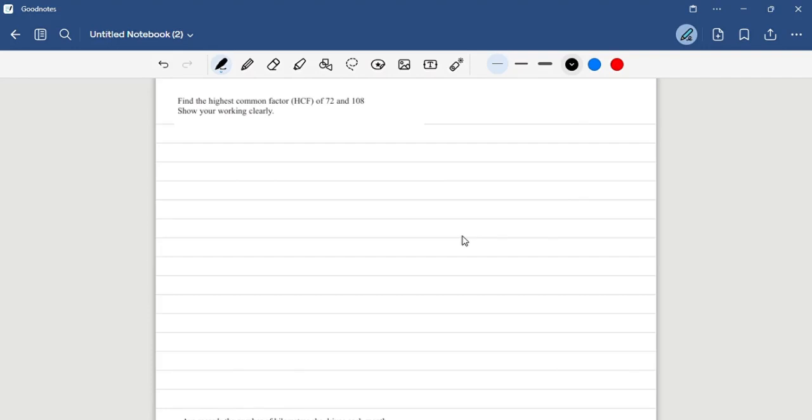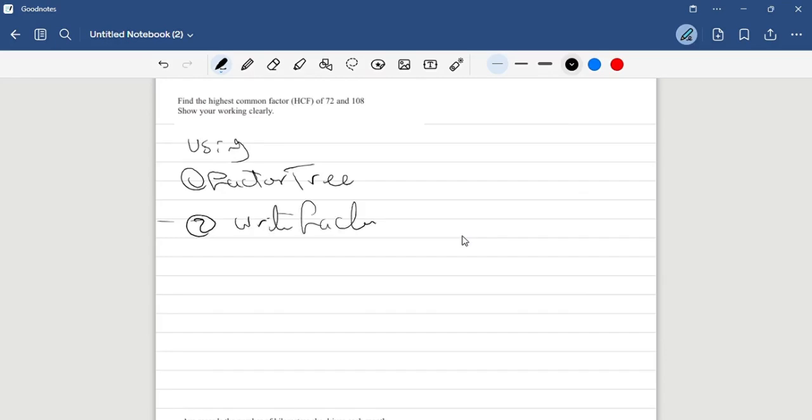We have many options. First, using a factor tree. The second, writing factors. The third, using a Venn diagram. It's up to you. You can use whatever you want.